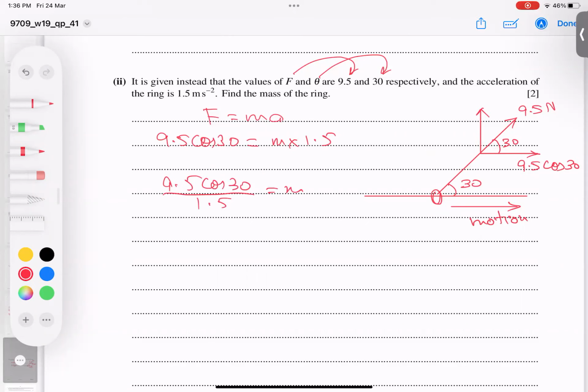So 9.5 times cos 30 divided by 1.5, and it gives me the mass of the ring, 5.48 kilograms. I hope the point is very clear.